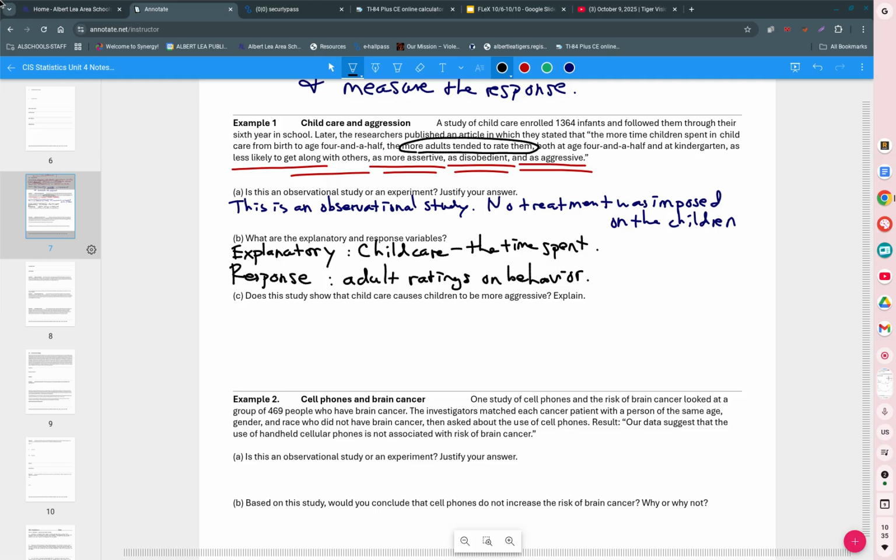So there is an explanatory and response variable, but at the end of the day, does this study show that child care causes children to be more aggressive? Absolutely not. An observational study does not determine causation.